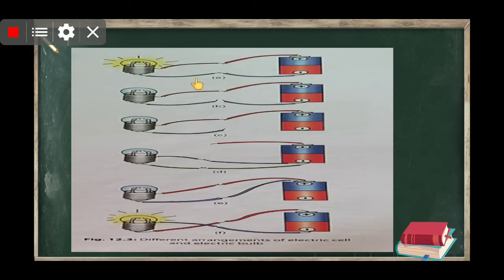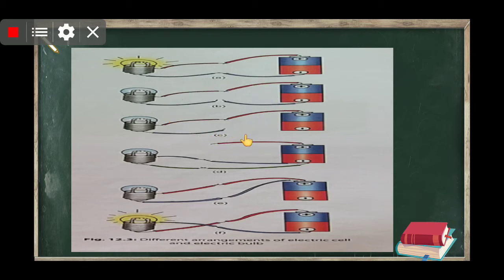Alright students, I'll show you different arrangements of wires. As you can see in the first picture, when the wires are connected in such a way that the circuit is closed, there is no break in the circuit, the bulb will glow. As you can see that the circuit is broken, so the bulb will not glow. This means that the charge is not flowing in this circuit. So students, we can conclude from this that current only flows in a closed loop.